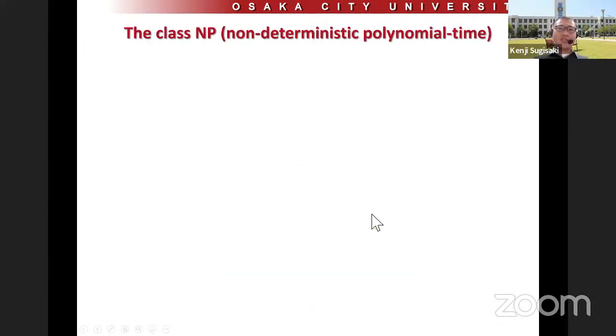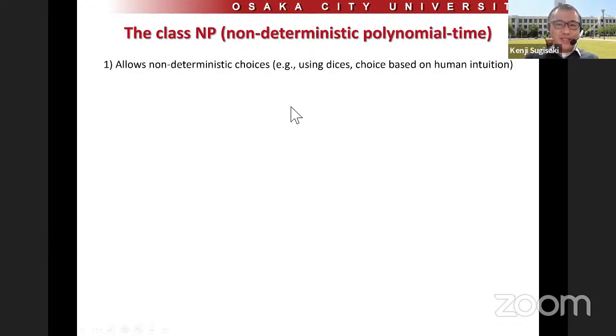We will introduce another very important complexity class, NP. In the class NP, we introduce 3 conditions in addition to the polynomial time. The first condition is it allows non-deterministic choices. So, for example, you can use dice or choose based on your intuition.